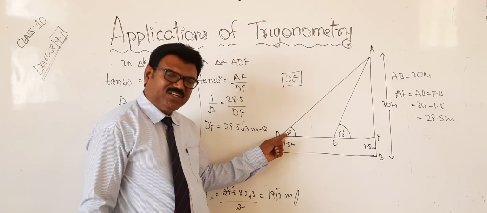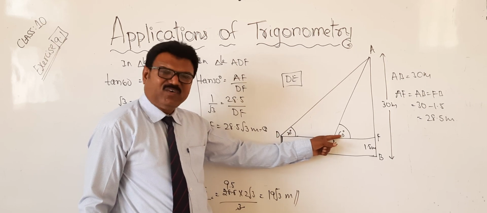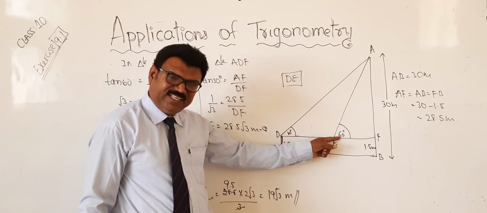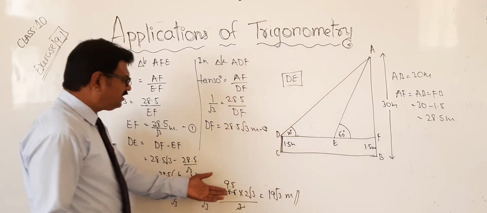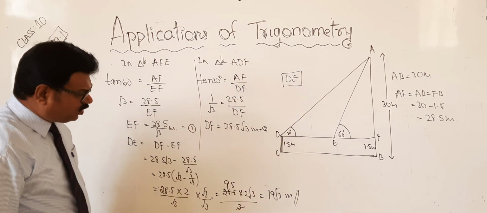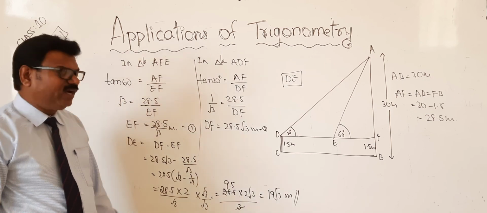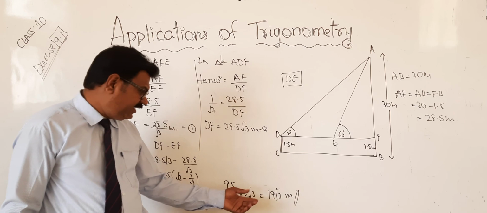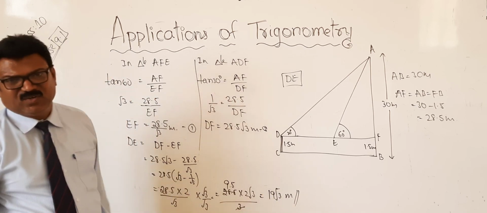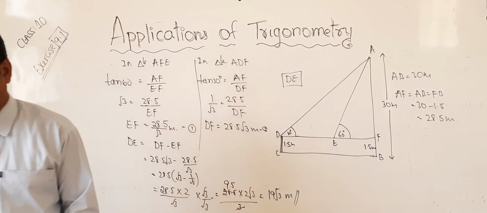The distance we found is 19√3 meters. If you want it clearly, √3 can be taken as 1.732 into 19, and you will get the answer. Okay, please take down.